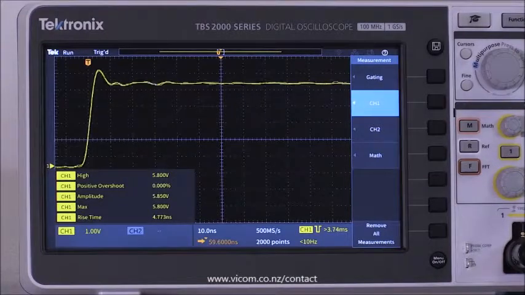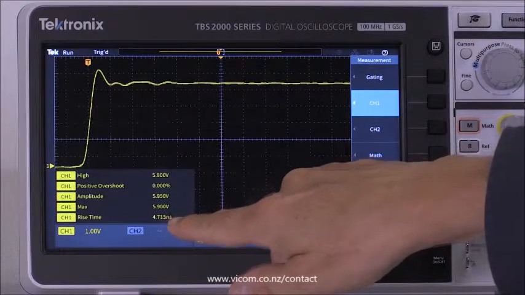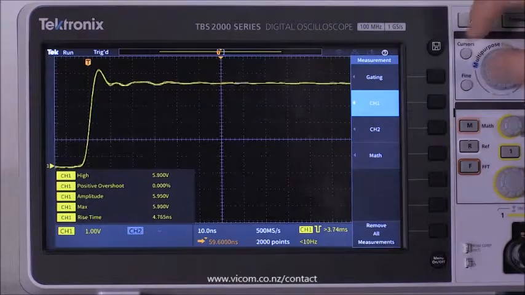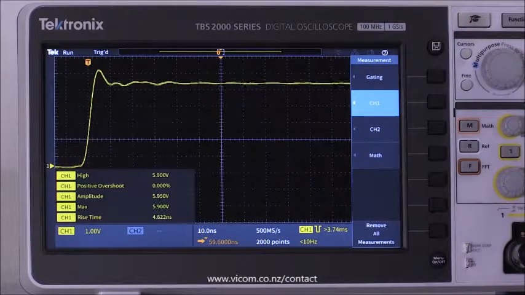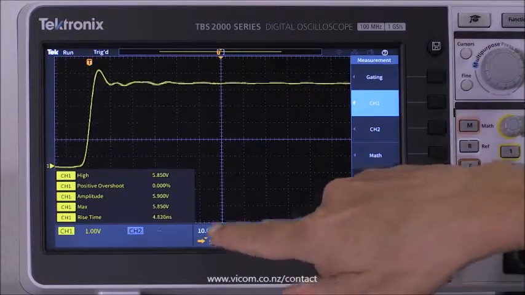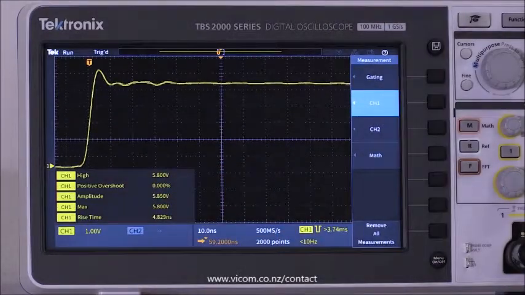In this case, the signal takes around 4 or 5 nanoseconds, close to 5 nanoseconds, to go from a low transition to a high transition. I can verify this by noticing that my horizontal scale is set to about 10 nanoseconds per division, and I've got about half a division that it takes for the signal to transition.